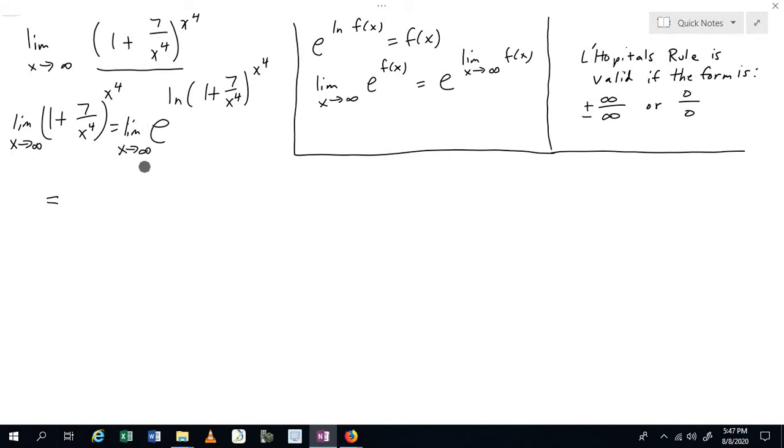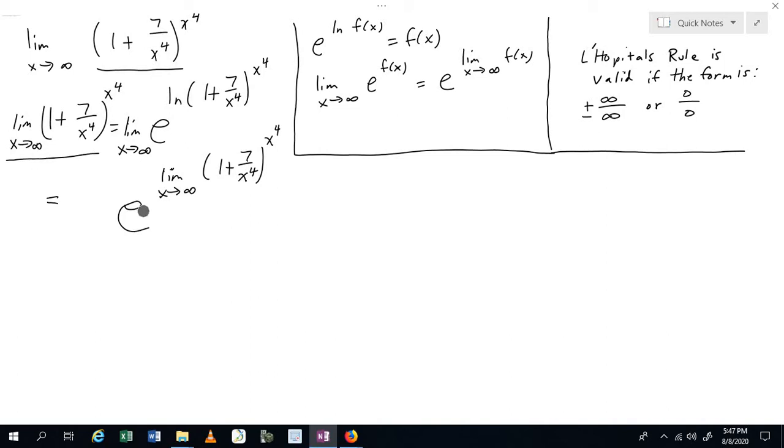To evaluate this limit, we're actually going to find the limit of the natural logarithm as x goes to infinity first. Once we figure out what this number is, this limit right here is just e raised to that number. So we're going to focus in on finding this limit on the side, and after we find what that limit is, we'll come back and plug that number in here.